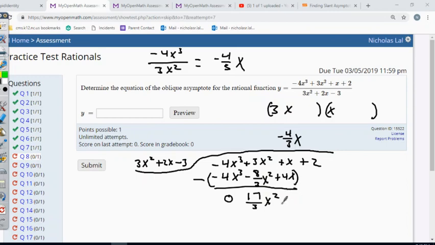And then that's minus 3x. Minus 3x plus 2. And then I have 3x squared, and I need to multiply to get 17/3 x squared. So you need to do 17 thirds x squared divided by 3x squared.